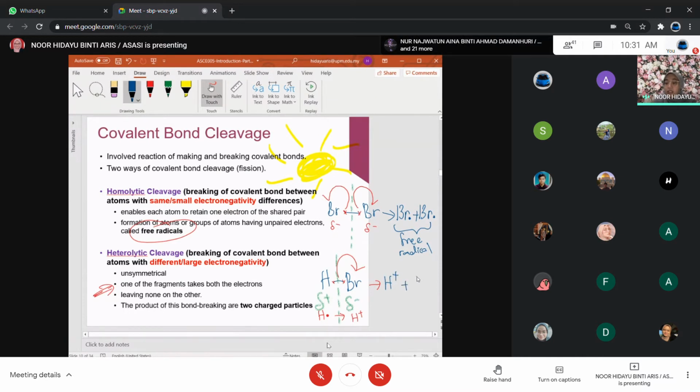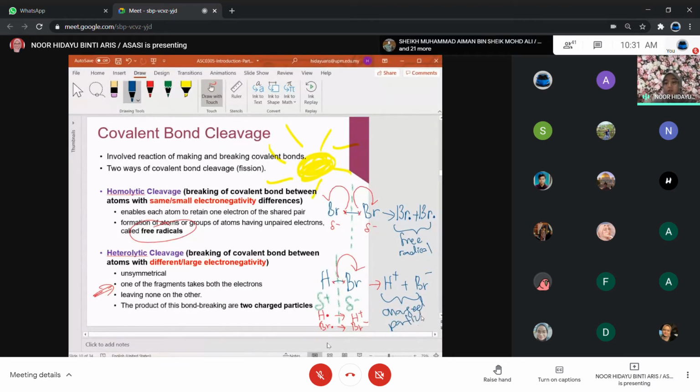Bromine dia ada satu elektron. And then dia terima lagi satu daripada hydrogen. So dia akan jadi Br minus, so Br negative. So the product formed from the heterolytic cleavage is charged particle.